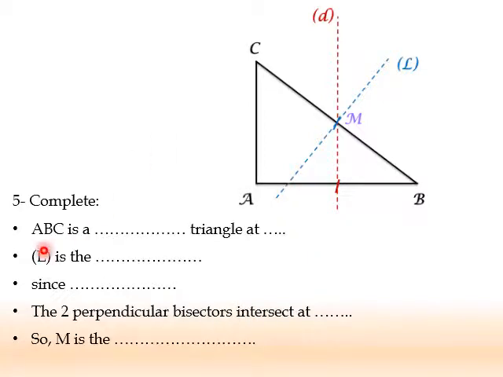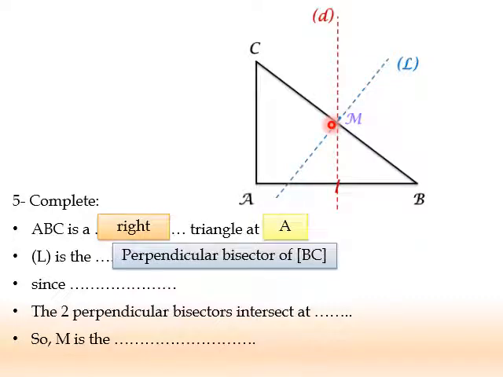Now, this is our figure. ABC is a right triangle at which vertex? It has a right angle CAB, so it's right at A. Now, L is the perpendicular to BC at its midpoint M. So what can I say about L? It's the perpendicular bisector of BC.